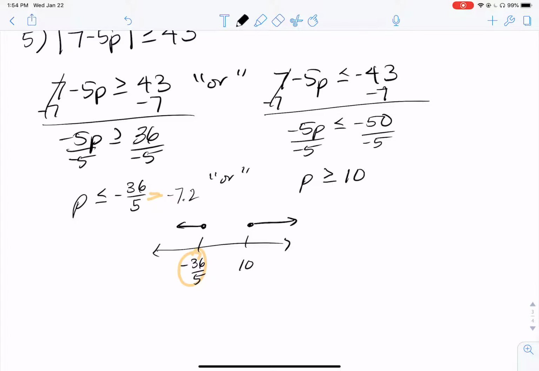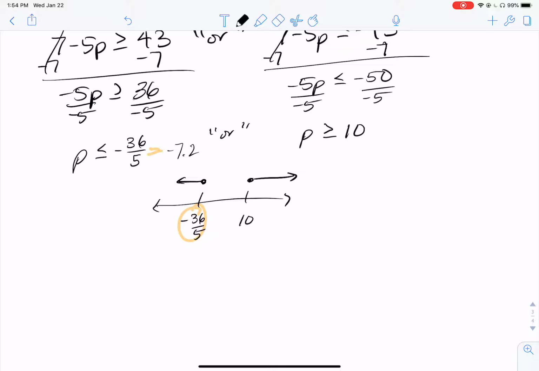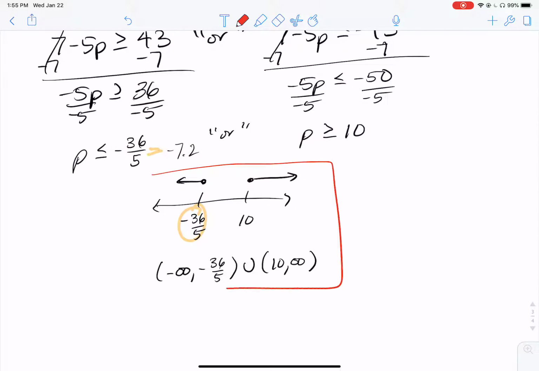So it will be all the numbers to the left of the negative value and to the right of positive 10. So as an interval, we go from negative infinity to negative 36 over 5, and then jump from 10 and go all the way to positive infinity. So this is your solution.